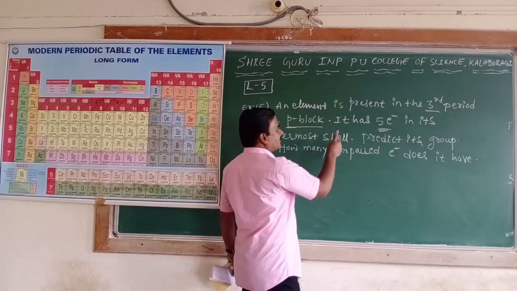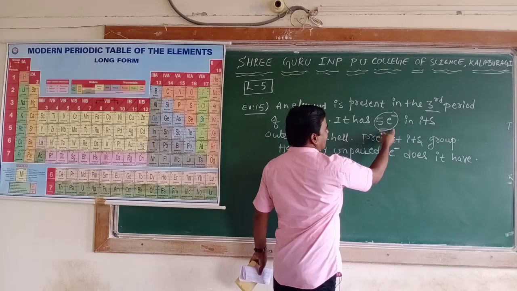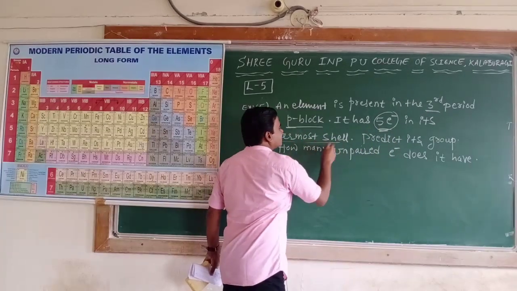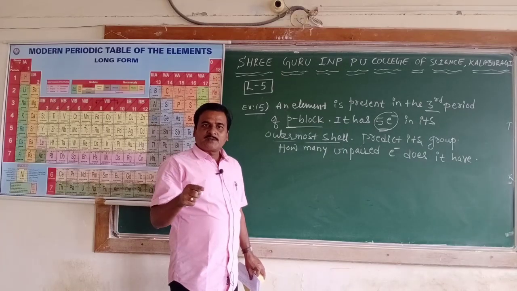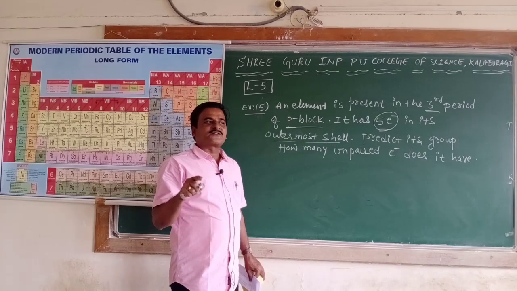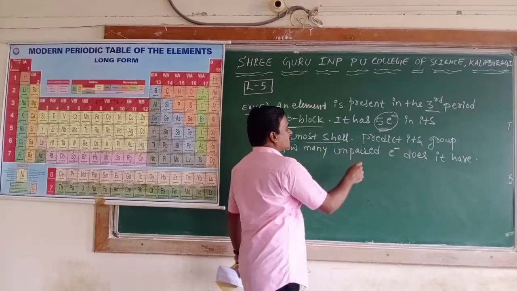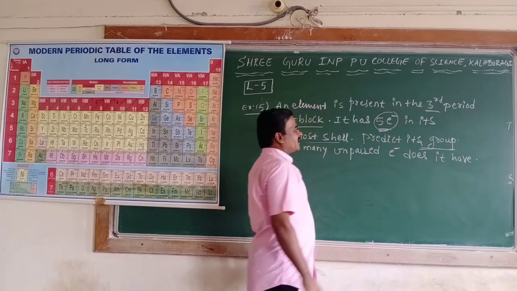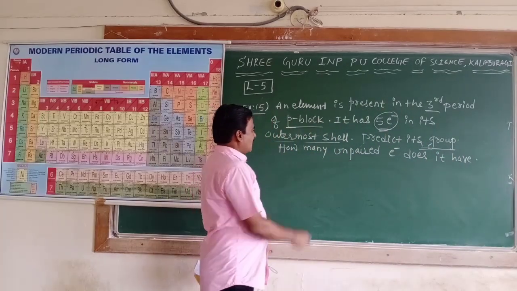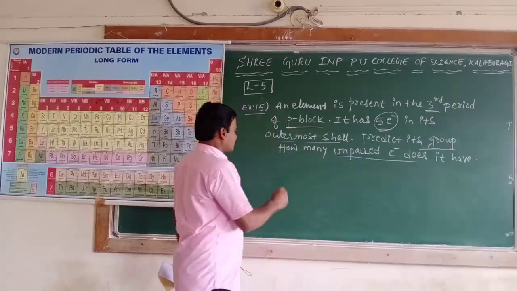One more piece of data they have given: it has 5 electrons in its outermost shell. Predict its group. There are 2 parts: first identify the group, next how many unpaired electrons it has.